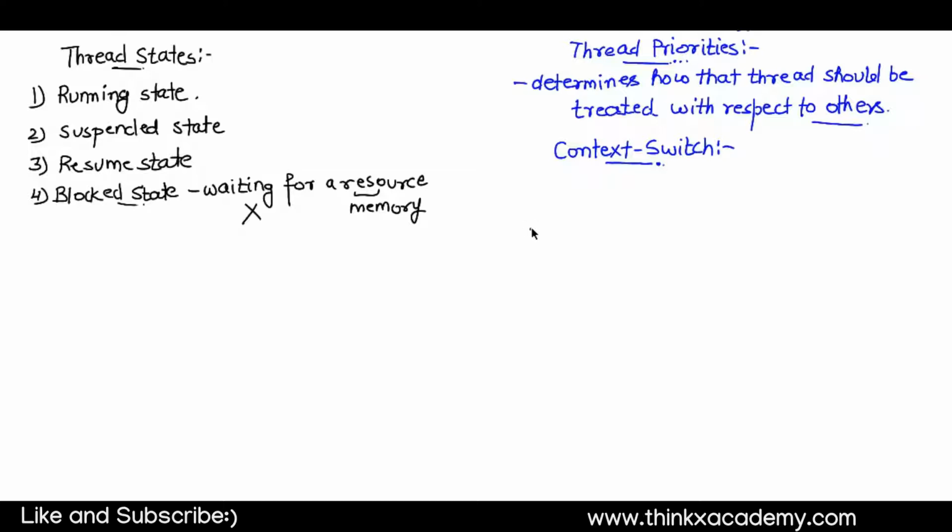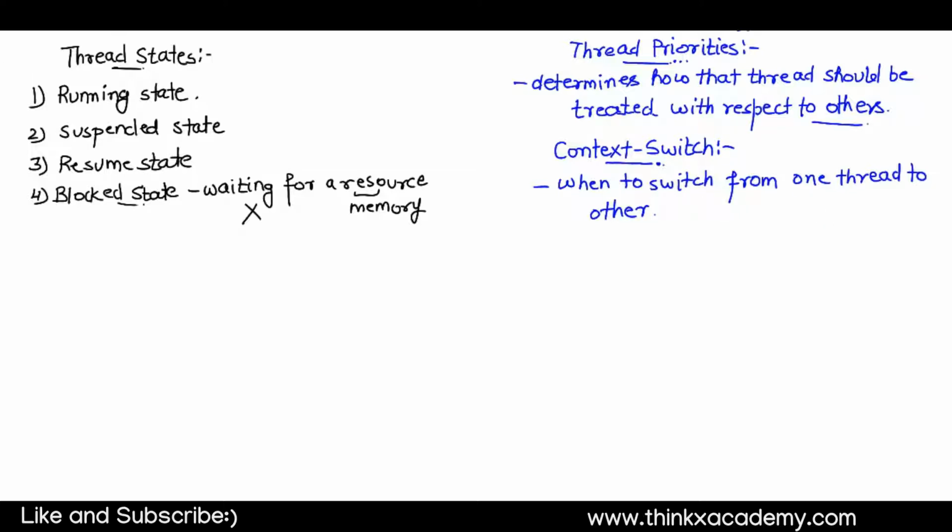Whenever we assign a priority to a thread, the thread priority is basically used to decide when to switch from one thread to the other. The reason we assign priorities is because we can use the priority we have assigned to a thread to switch from one thread to another.